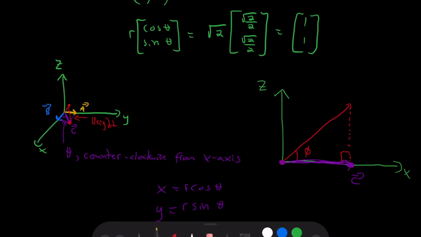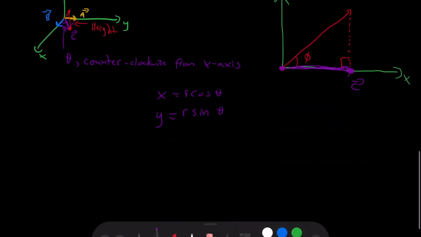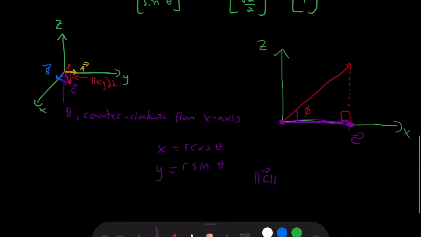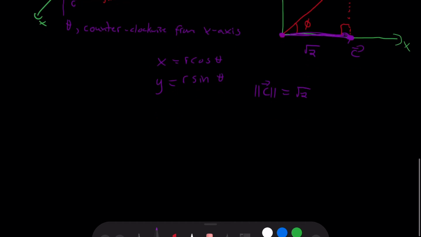And so we already, I don't know why I'm getting so anxious right now. We know that, what did we say the magnitude of C was? We said that it was equal to the square root of 2. So we can throw that up here. But how was that made?